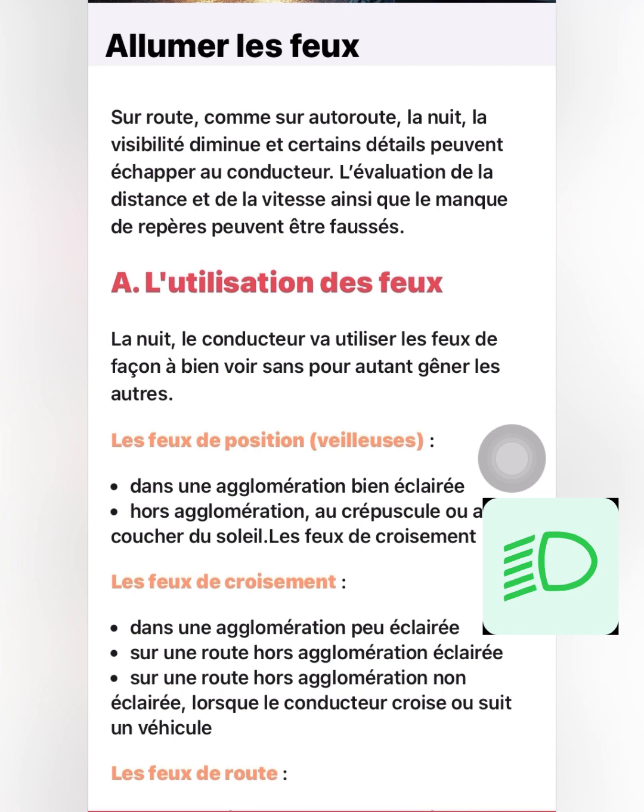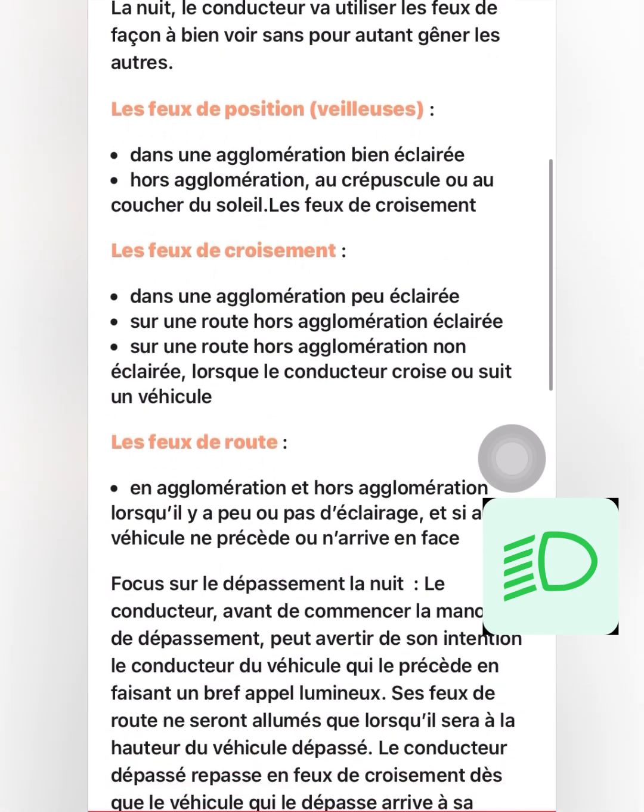Then the second type of light that we are going to talk about is the low beam, the dipped beam headlight. How are you going to use it? You use it in the city when there is a little lighting, and also on the road outside the city that is clear.